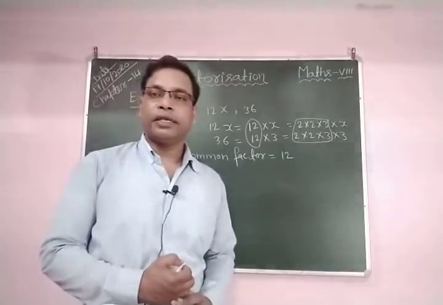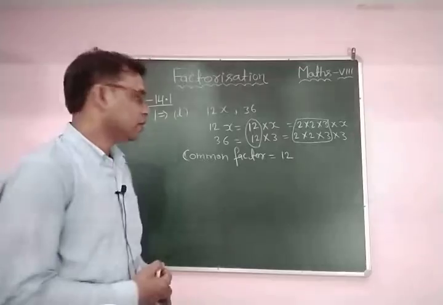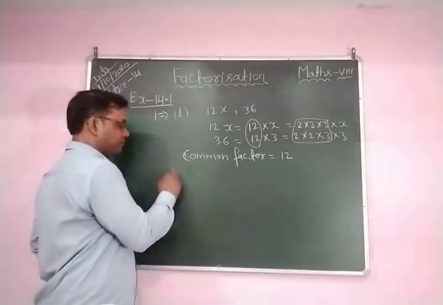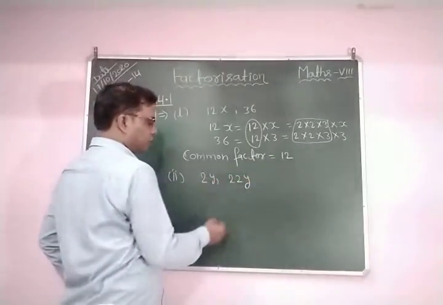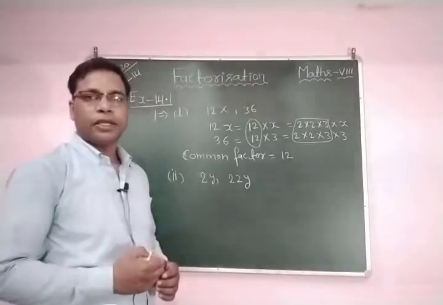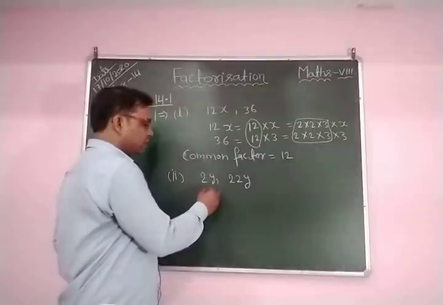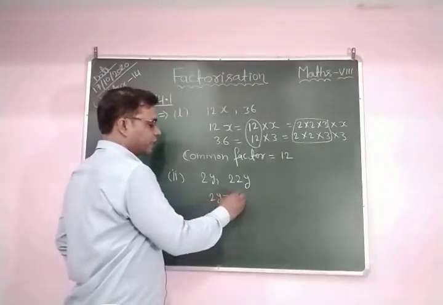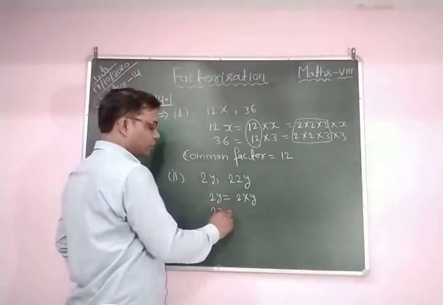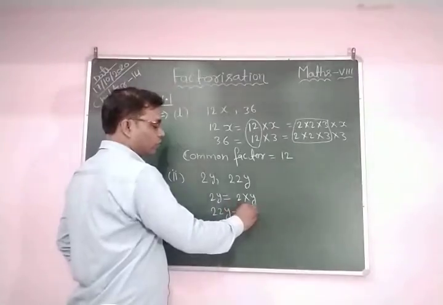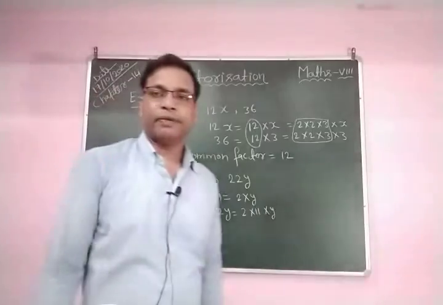The next part, the second part, is 2y, 22y. First we express them as products of irreducible factors. 2y is equal to 2 into y, but 22y you can write as 2 into 11 into y. We need to find the common factor.